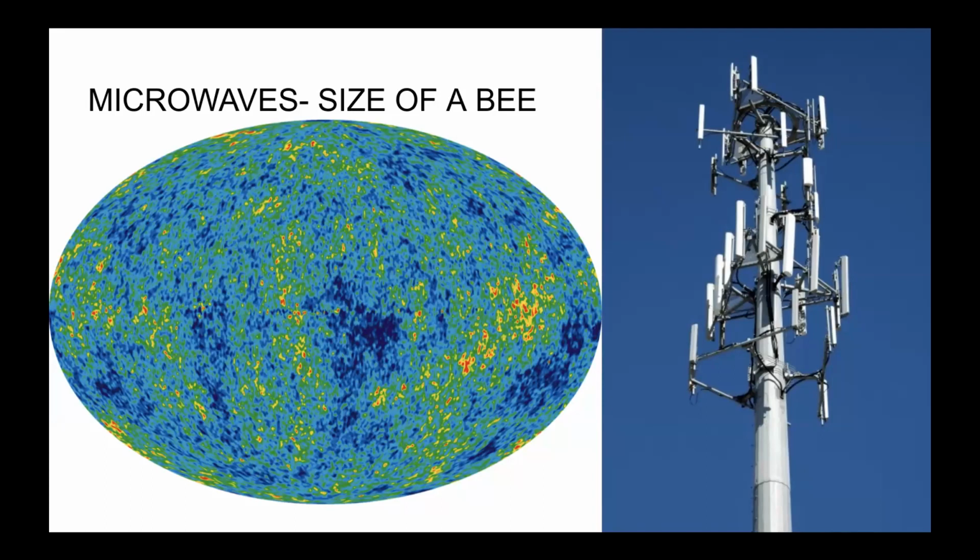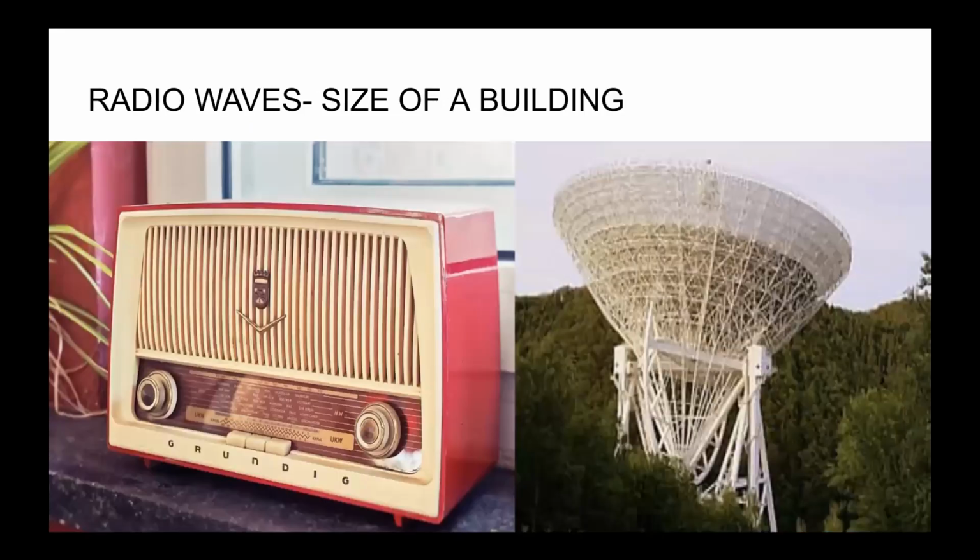The picture over there on the left shows a picture of a celestial object being taken by the telescope using microwave. And then finally, we've got radio waves. Now, radio waves aren't terribly dangerous to us. They're actually pretty big. They can be bigger than a building.